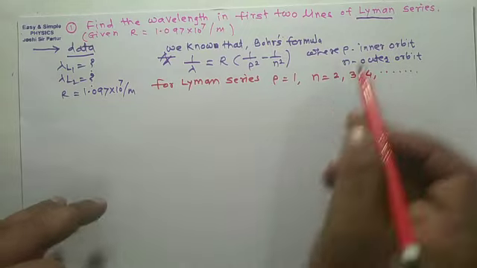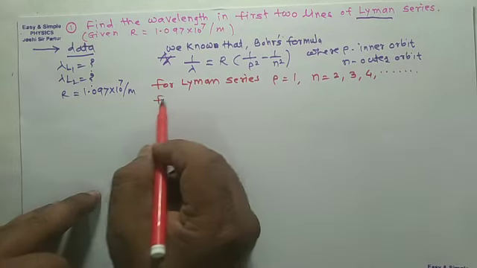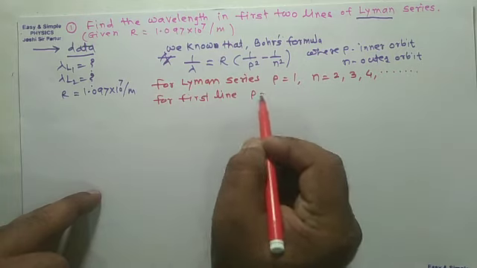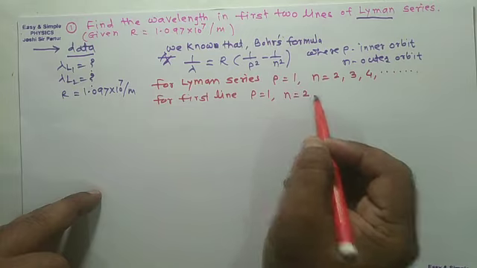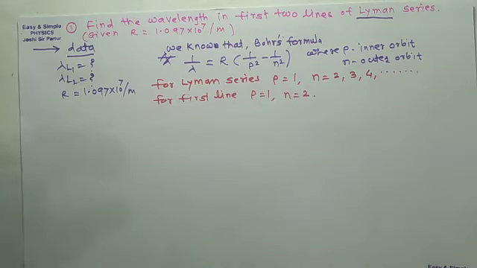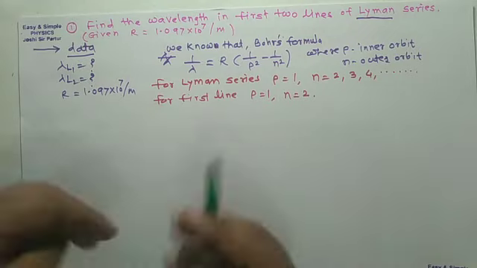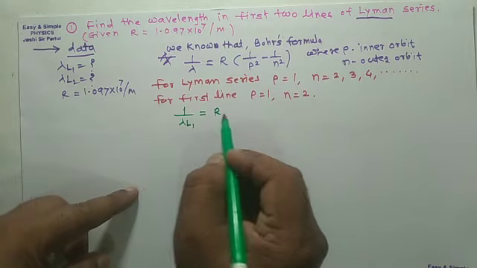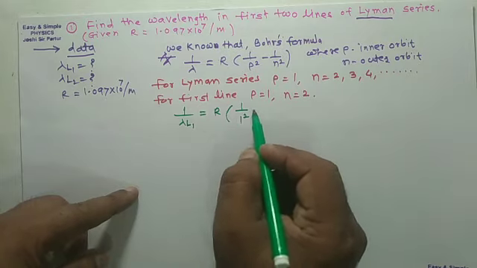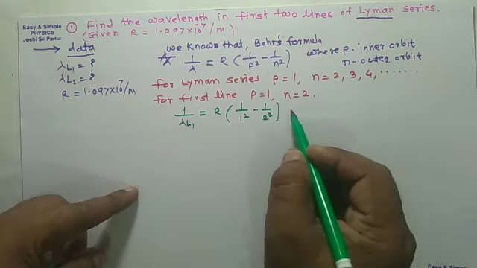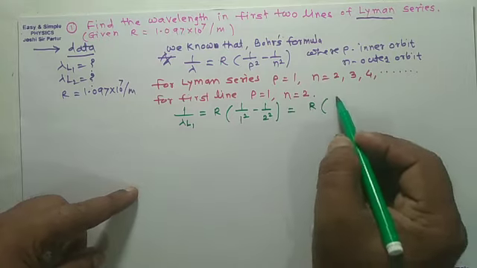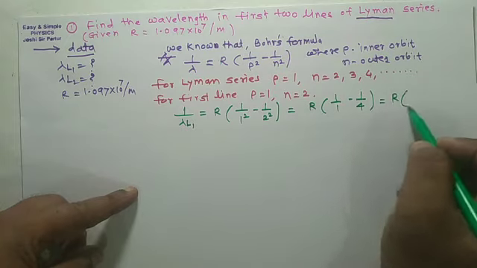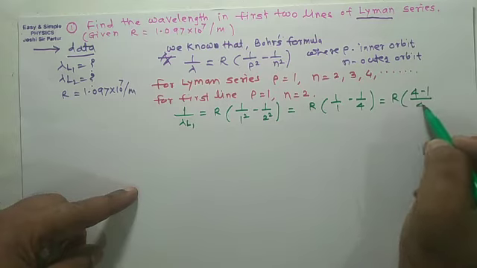But we find two lines. For the first line, P equal to 1, N is equal to 2. So for the wavelength, 1 upon lambda L1 is equal to R in bracket 1 upon 1 square minus 1 upon 2 square, which is equal to R in bracket 1 upon 1 minus 1 upon 4, which is equal to R in bracket 4 minus 1 upon 4.